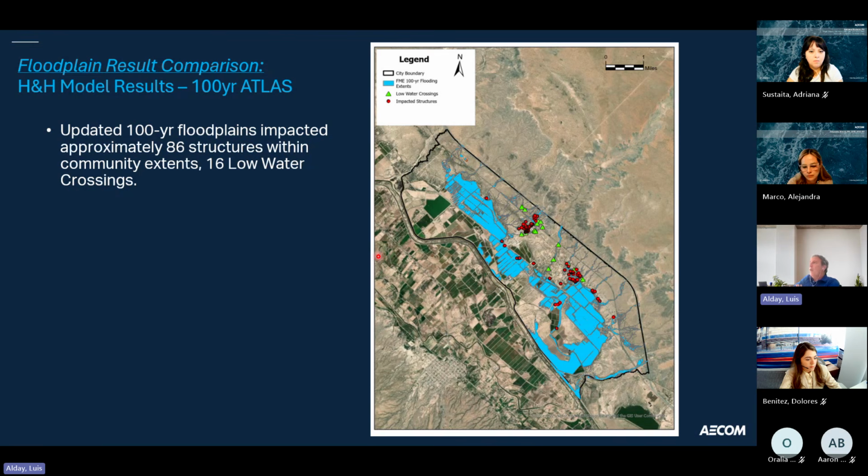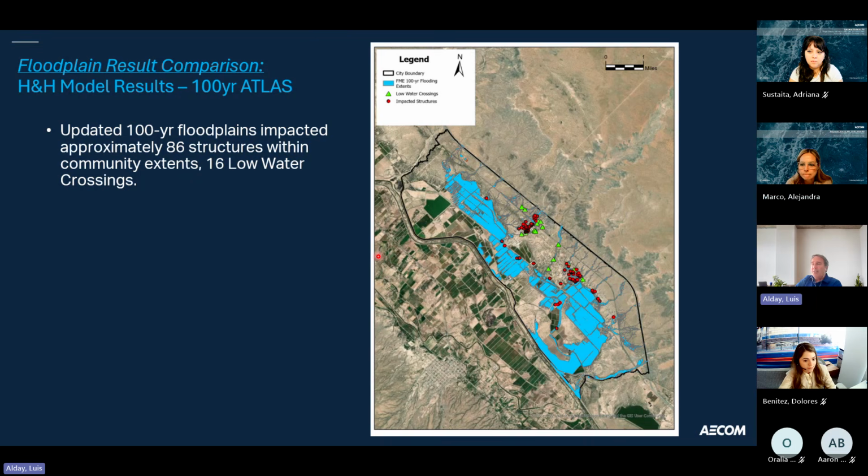Okay, so if we do find projects for Fort Hancock during this stormwater master plan, we are going to design for the 100-year event, to remove houses from the floodplain, and also to alleviate flooding on those low water crossings. Some of the alternatives that we have been thinking about are mostly detention, because these are flat areas.